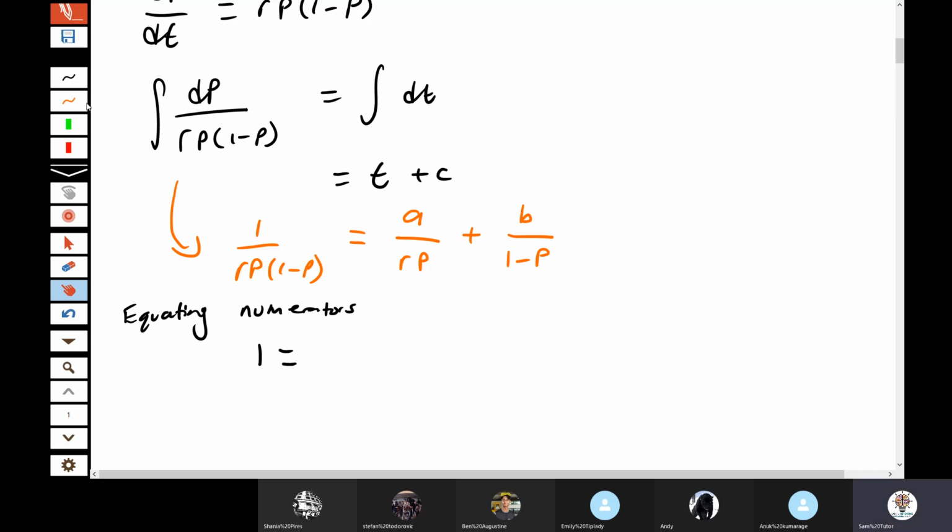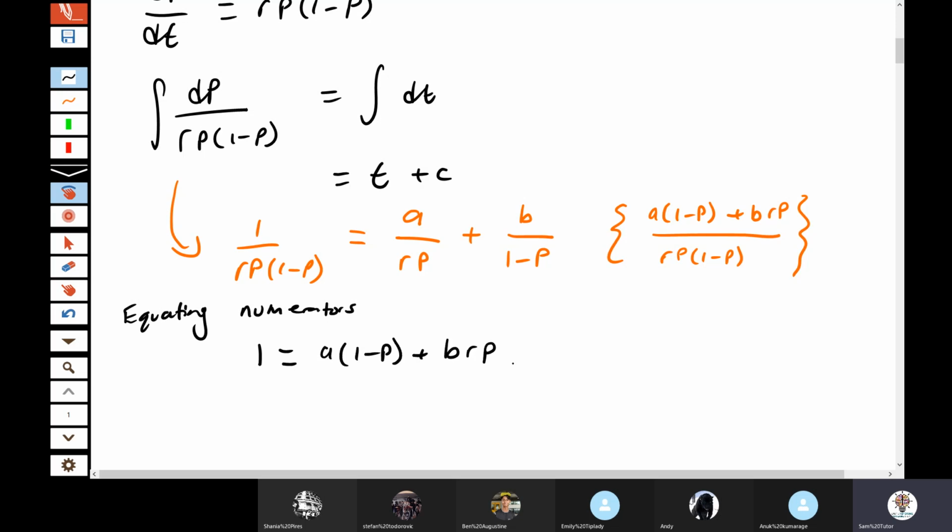So again, technically, this is a(1 minus p) plus b rp, on rp(1 minus p). So my numerator is 1 equals a(1 minus p) plus b rp.